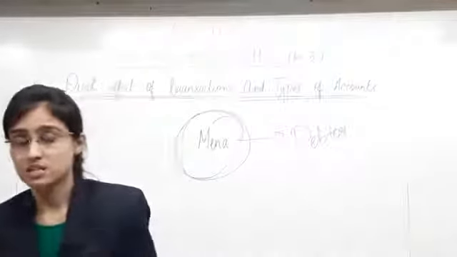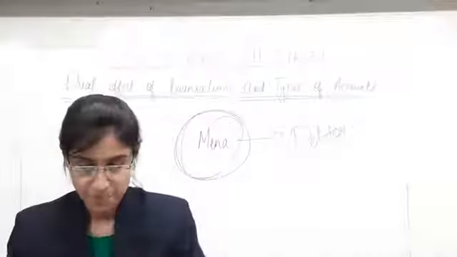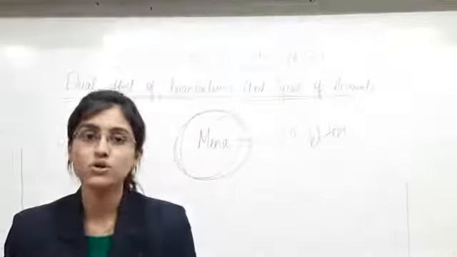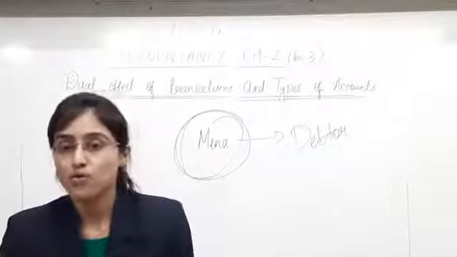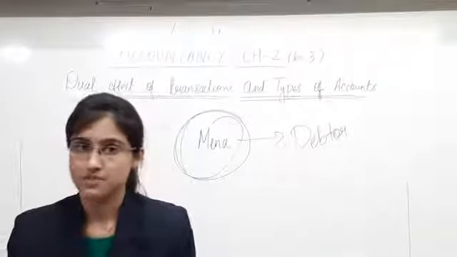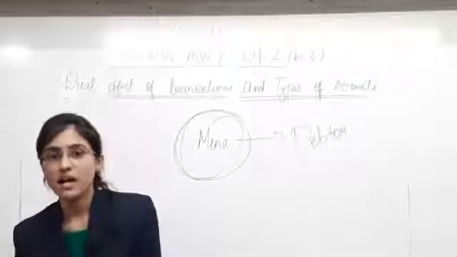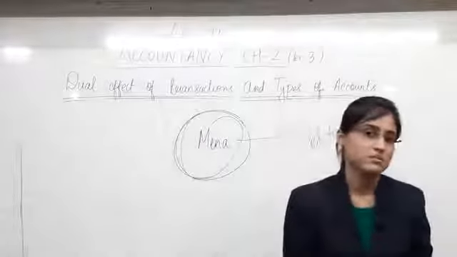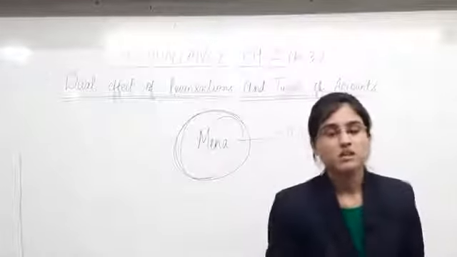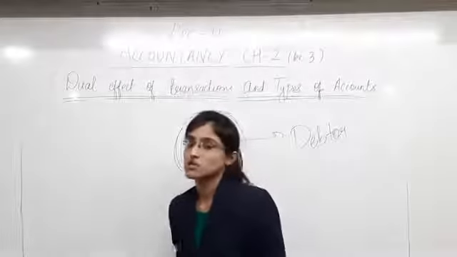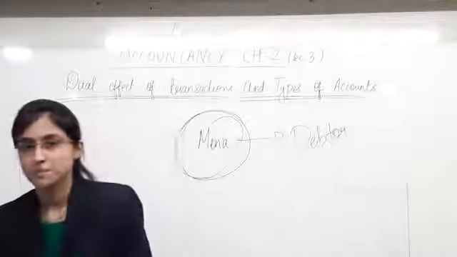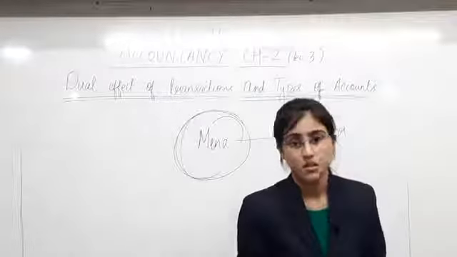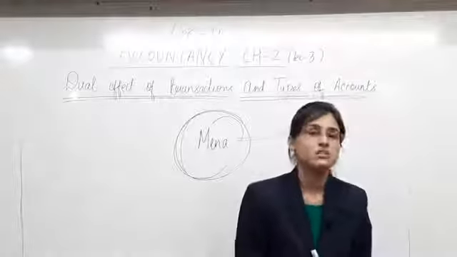The fourth transaction: goods of rupees 2000 sold to Nutan for cash. The word cash is clearly mentioned in the given transaction. So this is a cash transaction. But you may think, ma'am, even the name of the person is mentioned, so why not a credit transaction?